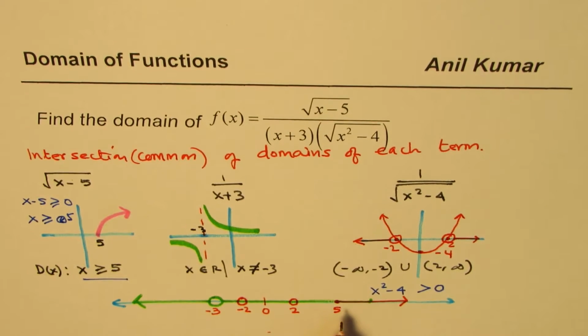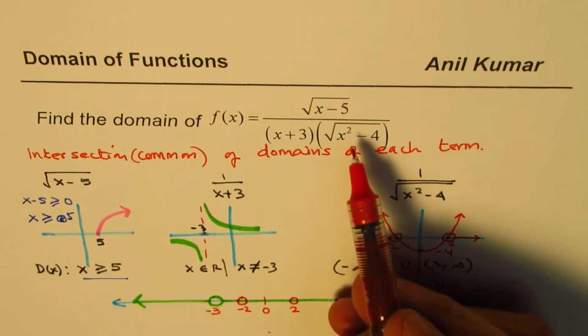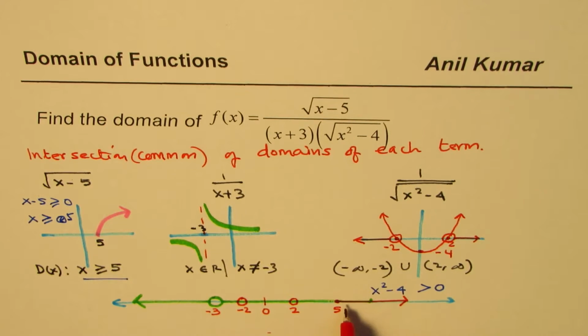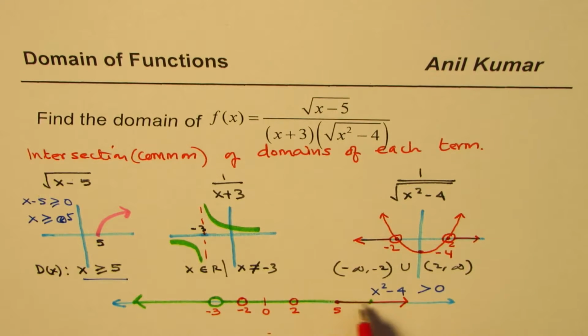So if you see, what is the intersection of all this? Well, since we have x minus 5 in the numerator, in this particular case, the only interval which is common to all is the one which is greater than or equal to 5. Do you see that? Correct?